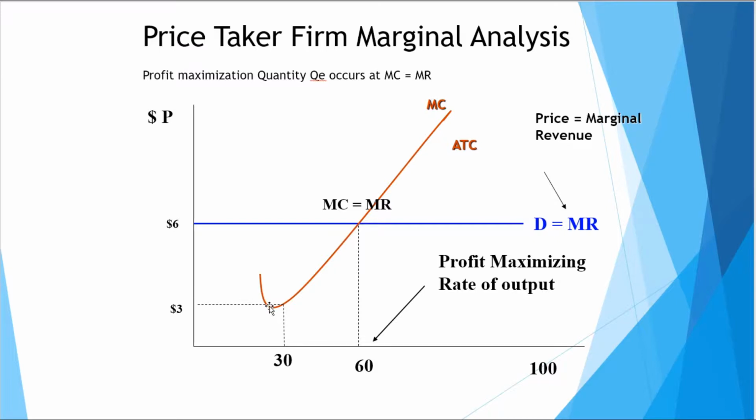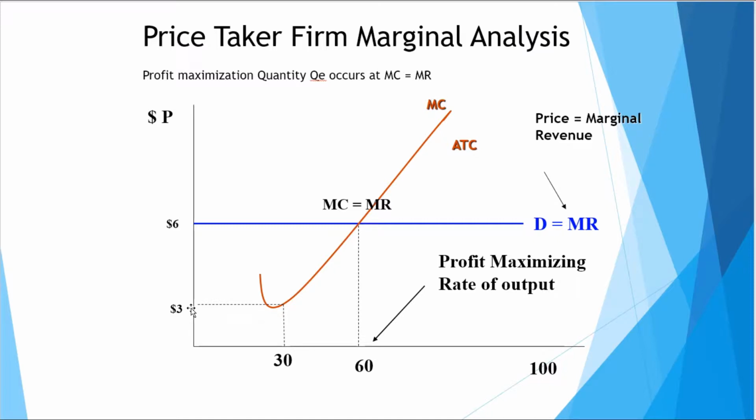But when they produce the 29th unit, it costs them $3.20. And for the 30th unit, it costs them $3. So it goes down at first, and then it continues to go up as they continue production. At the 30th unit, their marginal cost to produce that additional unit is $3.